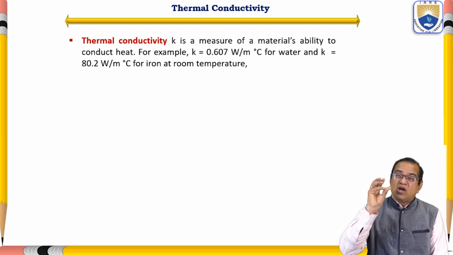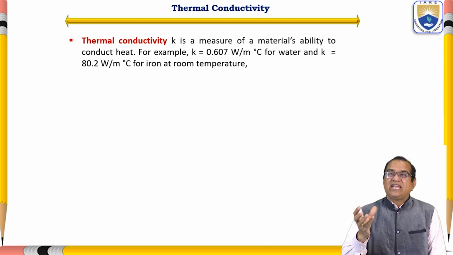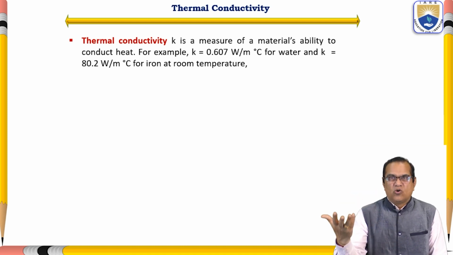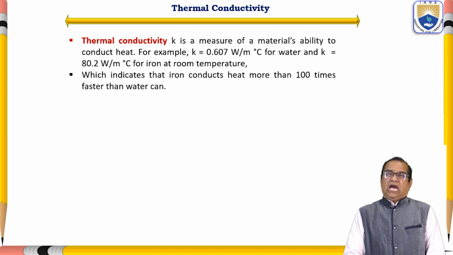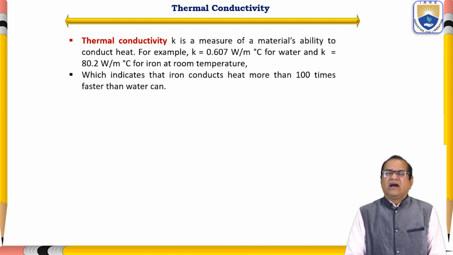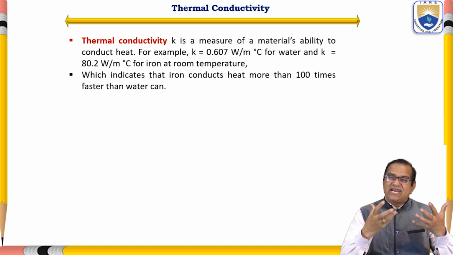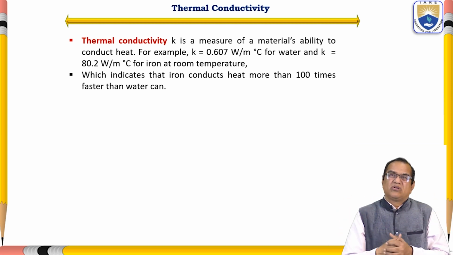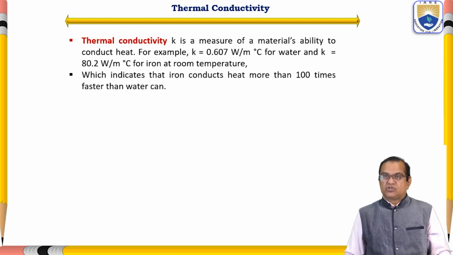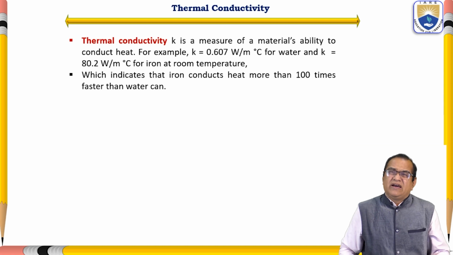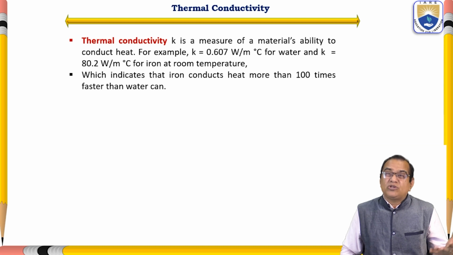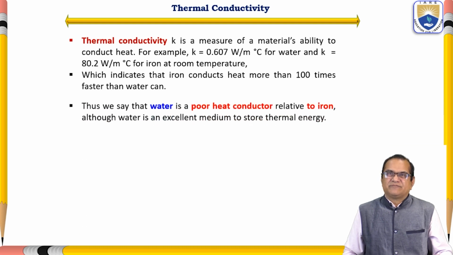So water has less conductivity than iron or copper or gold, which indicates that iron conducts heat more than 100 times faster than water can. k indicates how conductive the material is. In this example, k is 0.607 for water and for iron it is 80.2. So iron transfers heat more than 100 times faster than water.